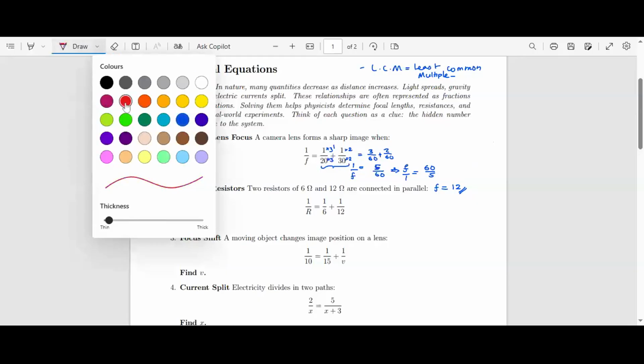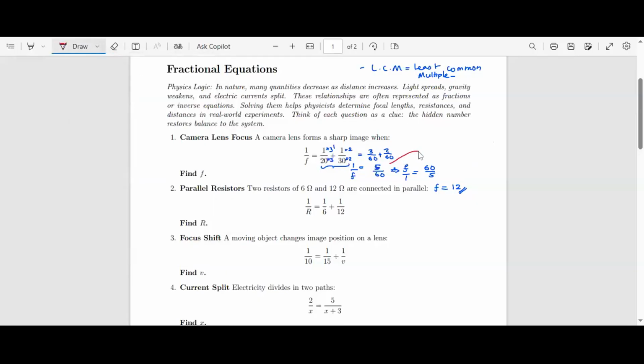I have 1 over f equals 5 over 60. I can divide 5 by 5, and I get 1 as the answer. I have to divide 60 also by the same thing. So I divide 60 by 5 and I get 12. I get 1 over 12. So 1 over f equals 1 over 12.